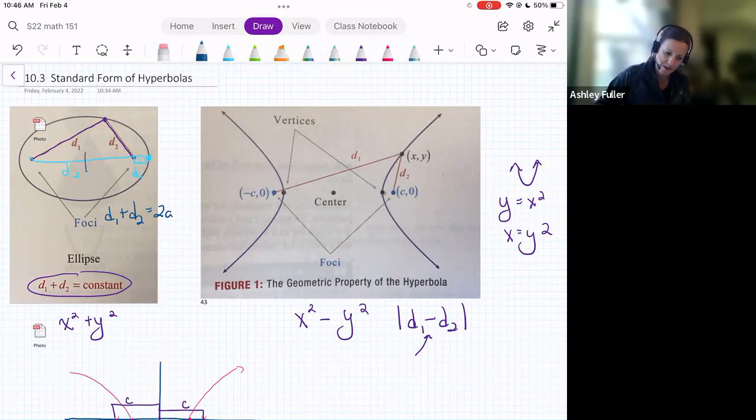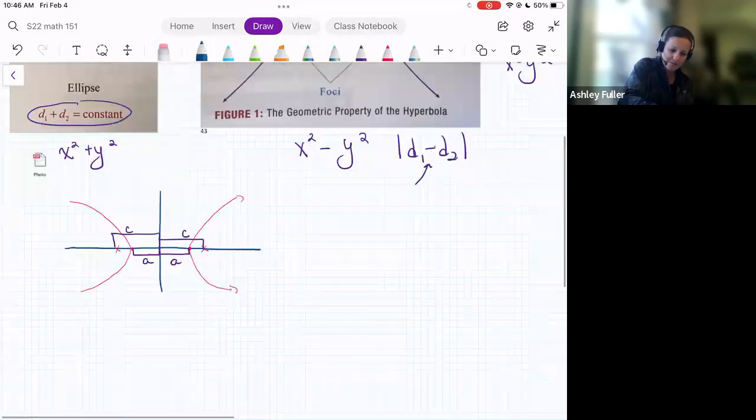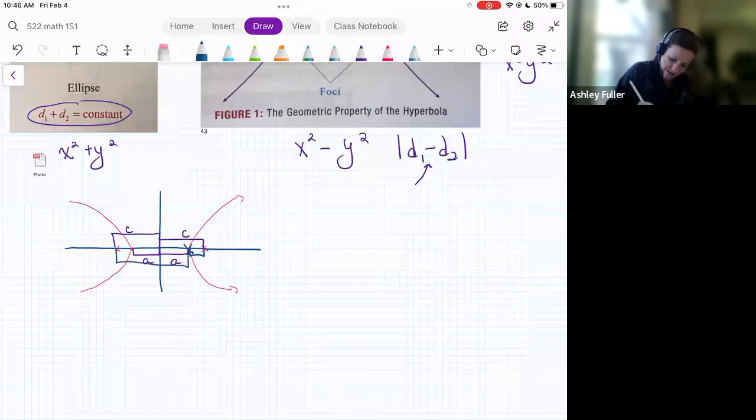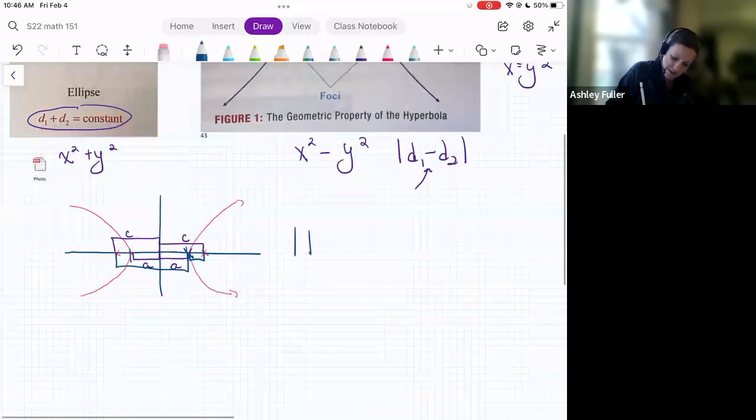Well, notice with the hyperbola, if we look at one of the vertices and subtract d1 and d2, all that leaves is 2a. So in this case, d1 minus d2 is that 2a value.